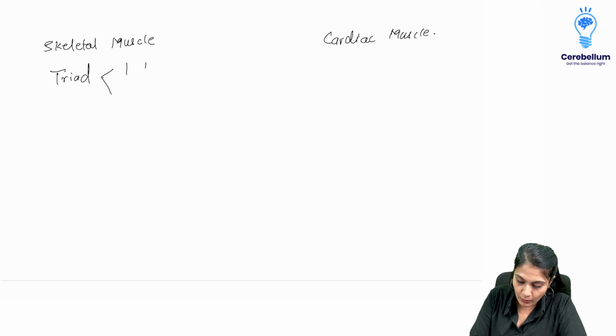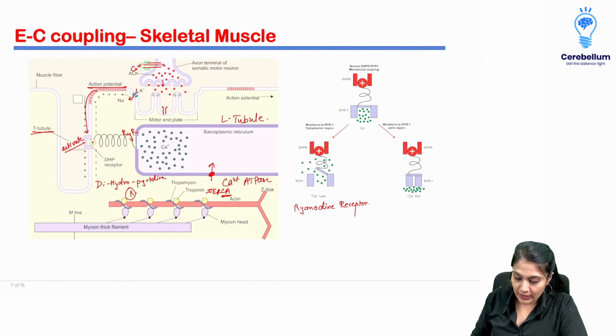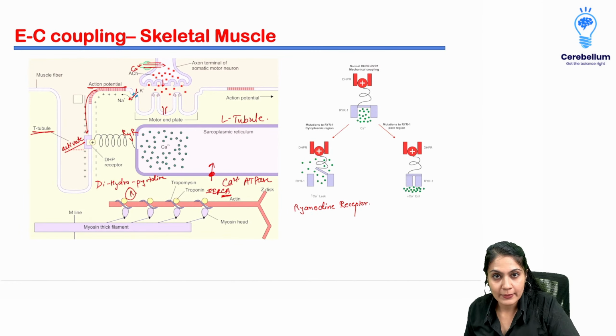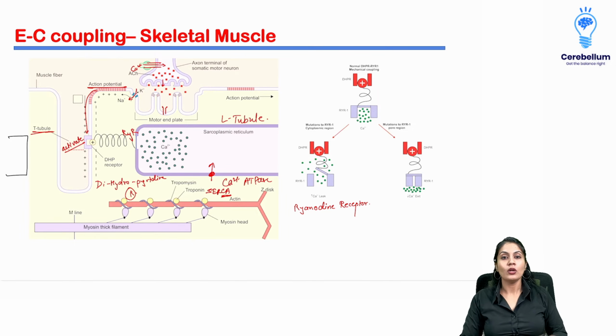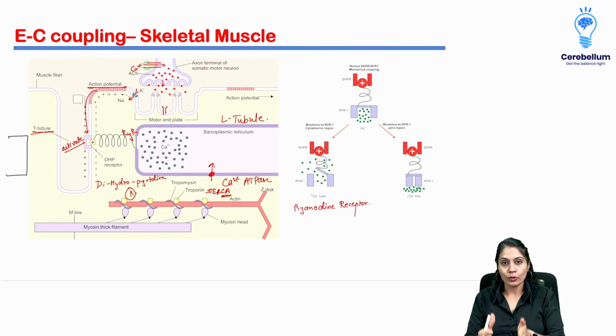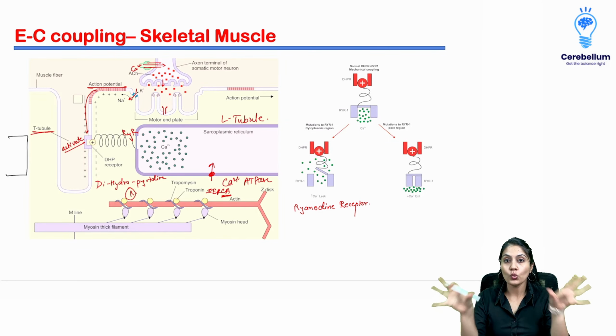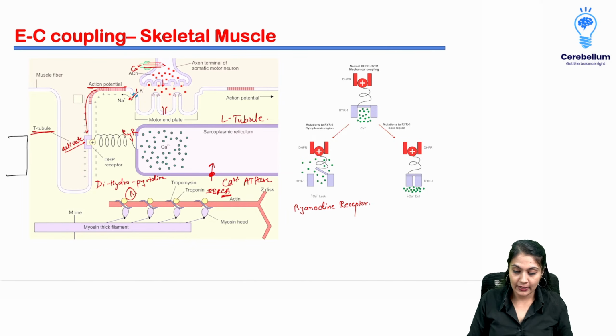That means there will be one T tubule and two L tubules. What I mean by that is, in the diagram only one-sided tubule can be seen, but please remember there is going to be another L tubule on the other side. That means for one T tubule, I'm going to have two L tubules in case of the skeletal muscle.